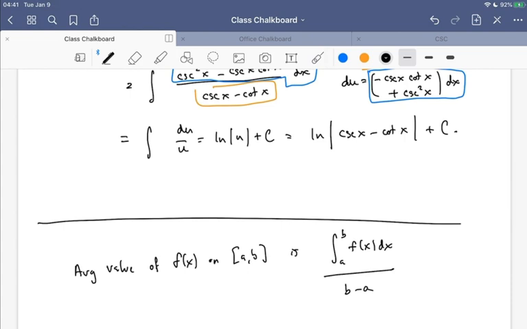A way to think of this is the area is the integral, the numerator, and if we divide by the width, that gives us a height, the average height of the function. So Zach, first off, is that how you were calculating these things?